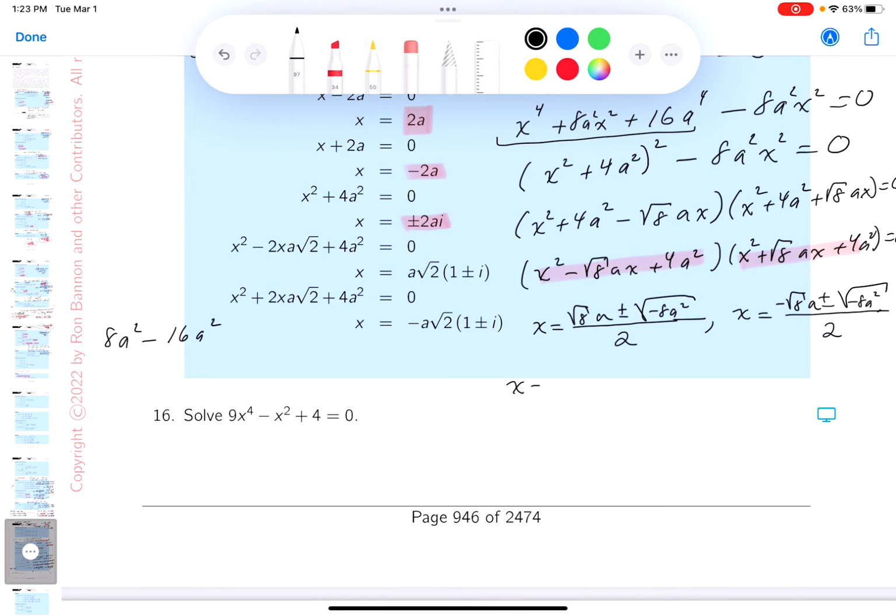You get x equals 2 root 2a plus or minus 2ai root 2, over 2. This one's going to be x equals minus 2 root 2a plus or minus 2ai root 2, over 2.